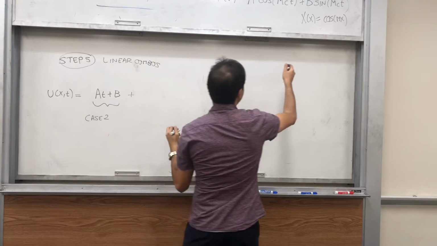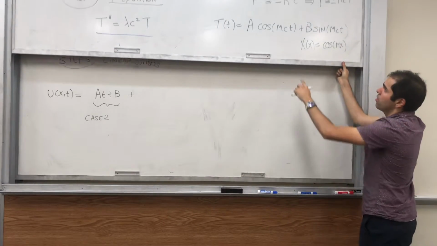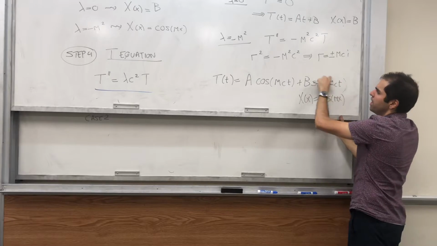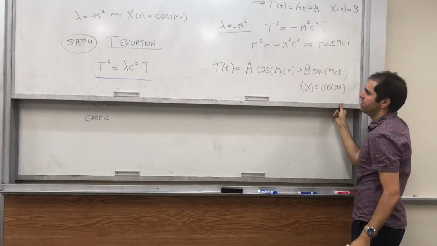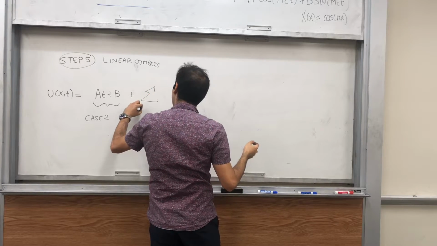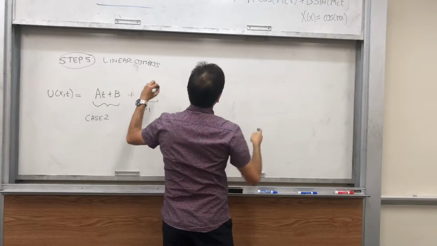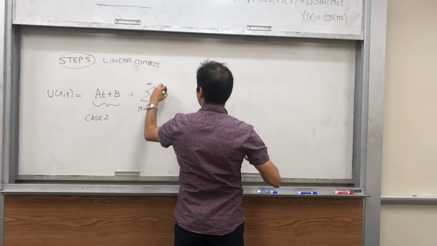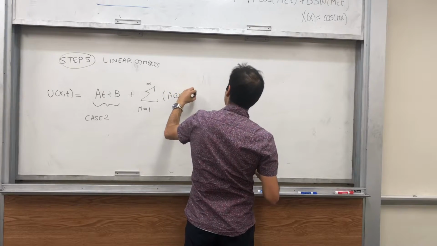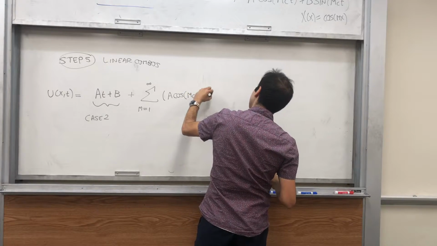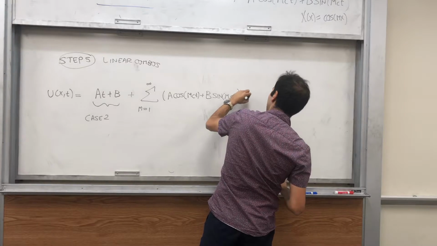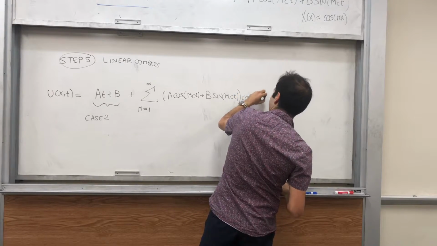And you can take linear combos of all the other ones, that's for m from 1 to infinity. So you multiply this by this and take sums. And what you get is essentially the sum from 1 to infinity of a cosine of mct plus b sine of mct, times cosine of mx.